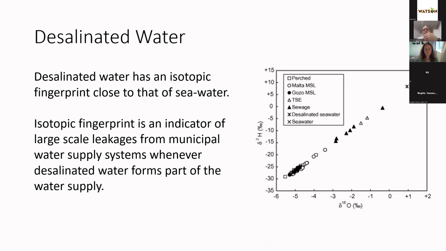So when one looks at groundwater samples from boreholes which have low chlorides but have their deuterium and oxygen 18 ratio close to seawater, that is an indication of leakages from the municipal water system.